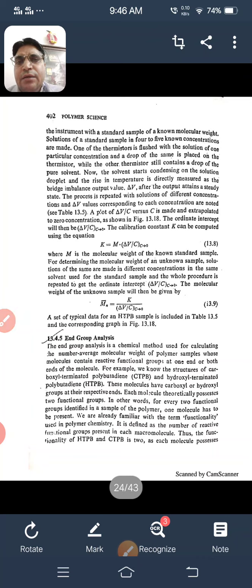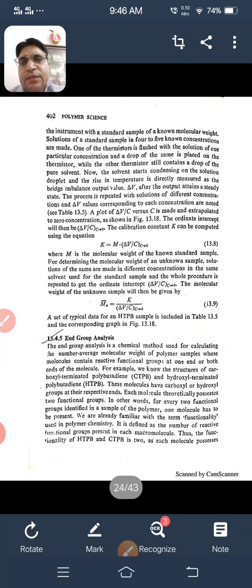To calibrate the instrument with the standard sample of known molecular weight, solutions of the standard sample in 4 or 5 known concentrations are made. One of the thermistors is flushed with the solution of one particular concentration and a drop of the same is placed on the thermistor, while the other thermistor still contains a drop of the pure solvent.